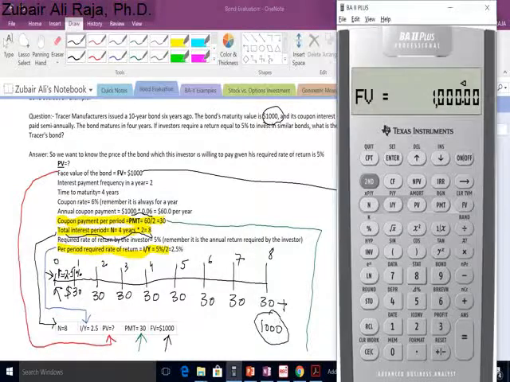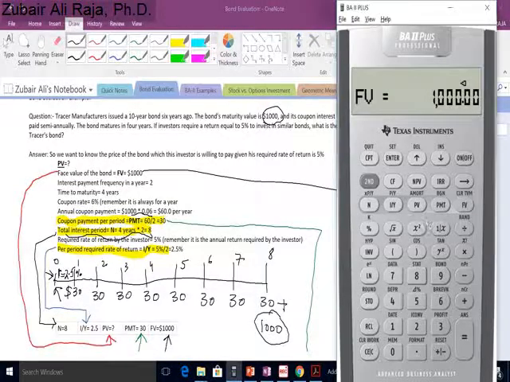The BA II calculator wants us to separately categorize the face value which we will receive at the end, and we need to punch this $1,000 separately in future value. So in future value we do not need to enter $1,030, only the $1,000. When we punch $30 into payment, the calculator automatically assumes that at the end of the last period the $30 will also be received.